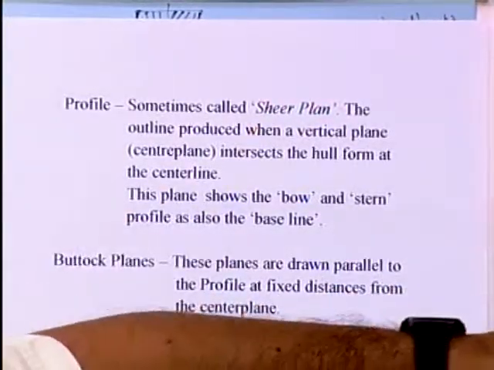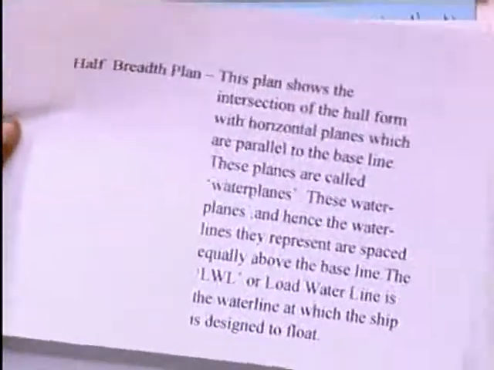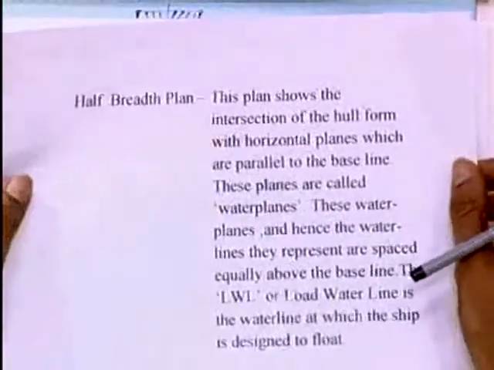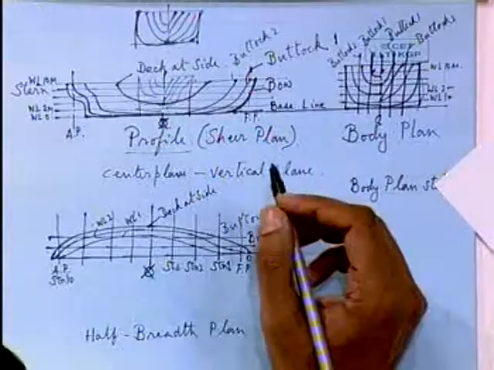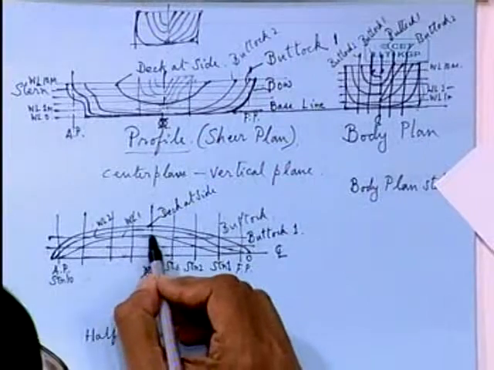Sheer plan I have already explained. Next is your half breadth plan. That means this plan that you have drawn just below the profile is your half breadth plan. Those are intersections of the hull form with horizontal planes, and these are the water planes.